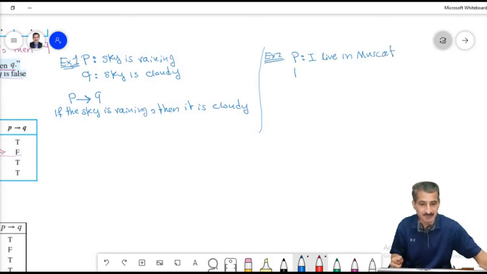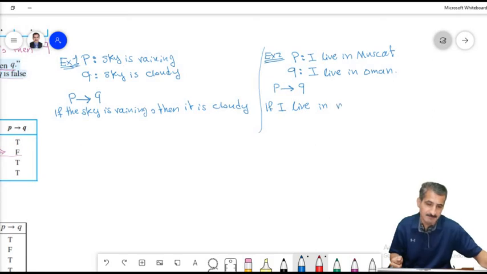This is the proposition P. Proposition Q: I live in Oman. So P gives Q means, if I live in Muscat, then I live in Oman. Okay.